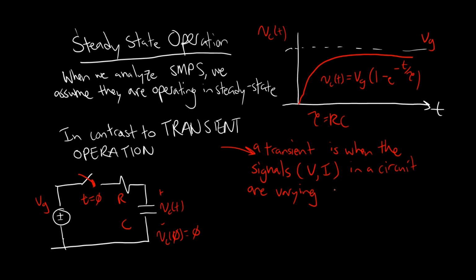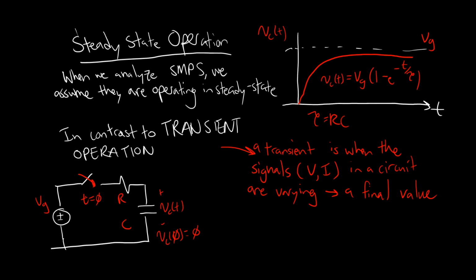Maybe this is a little bit imprecise because obviously if you have an AC circuit, the voltages and currents are always varying, but in a sense there's also some kind of steady state operation in those contexts as well. What I'm referring to here is that they're varying towards some kind of steady state value. I'll indicate by saying they're varying and tending towards a final value, or a final end of the road.